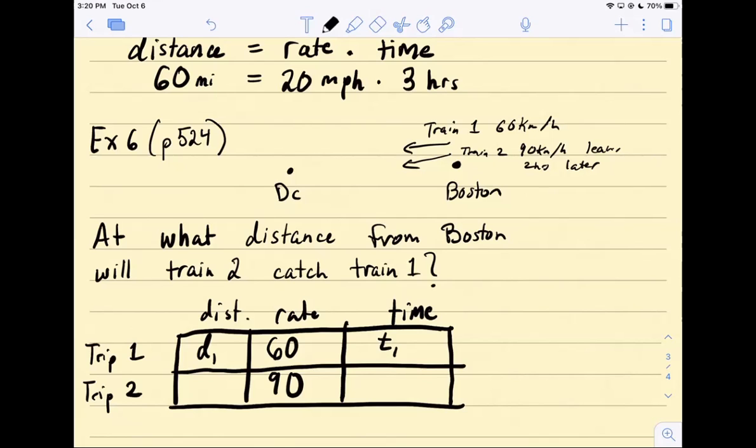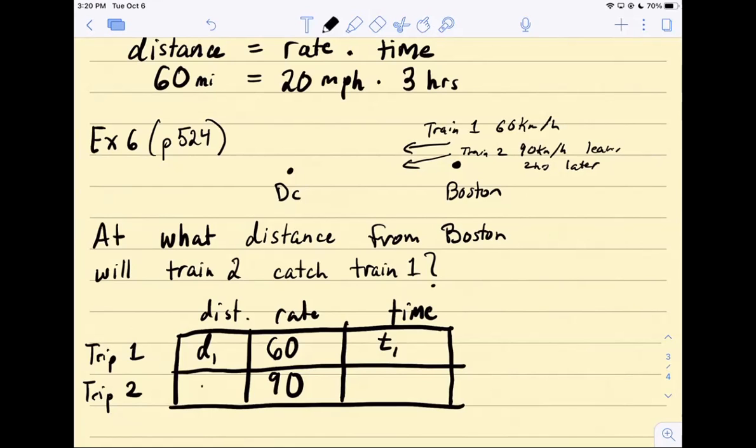Exactly. So when they meet, and you'll start to see these patterns with these types of problems. Whenever you see that 2 trains leave from the same spot and have to catch up to each other, that means that when they meet up, their distances are the same. So instead of using D2 as another unknown, D2 actually equals D1.